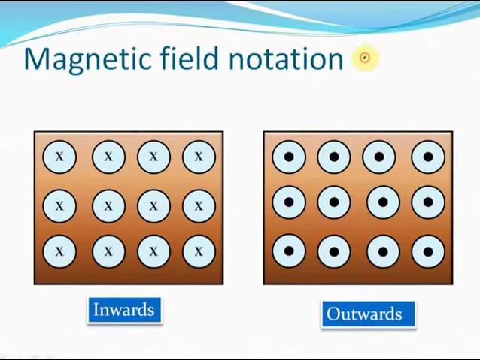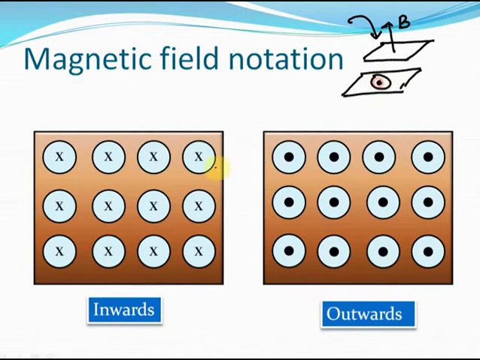So for example, if this is a plane here and the magnetic field is acting like this, then when you look into the plane, you can actually say that this is how the magnetic field can be represented. Understood? Similarly, if this is a plane here and the magnetic field is acting like this into the plane, in that case, this is how the magnetic field can be represented. Understood? So these are the magnetic field notations.